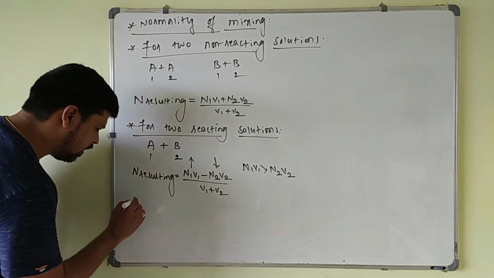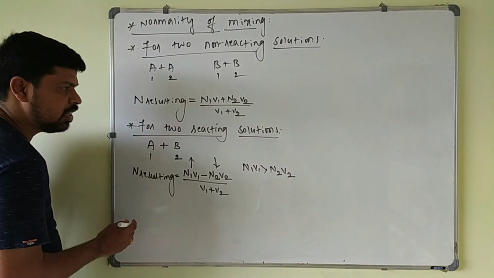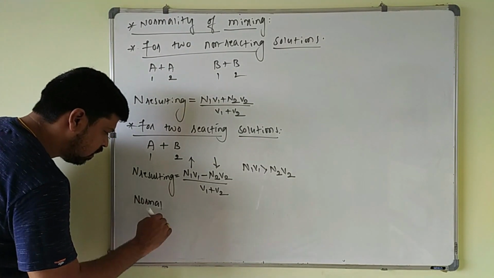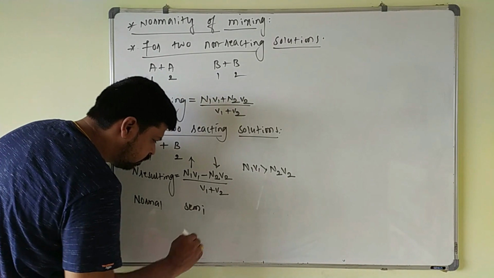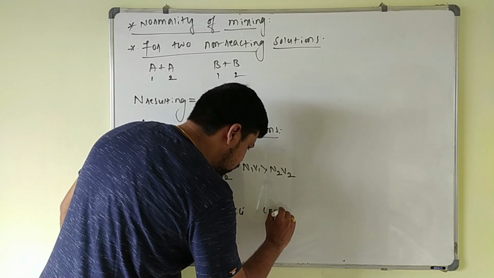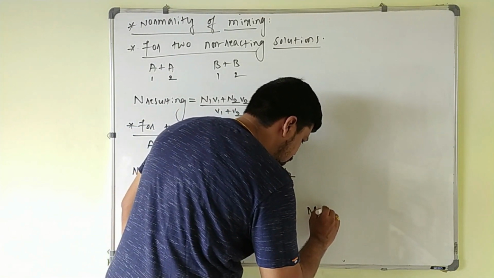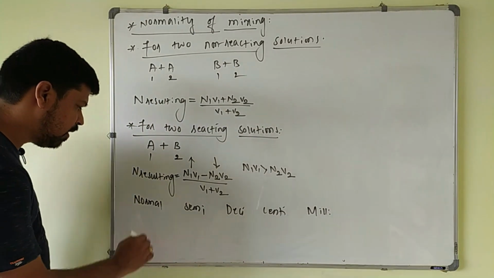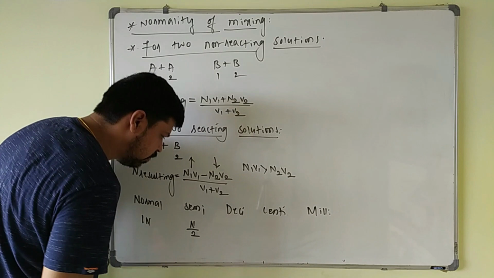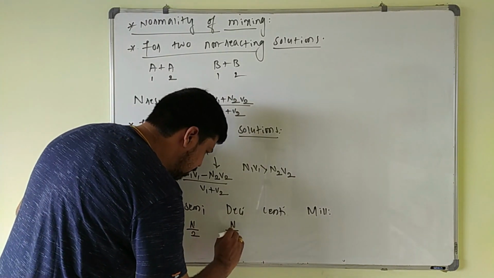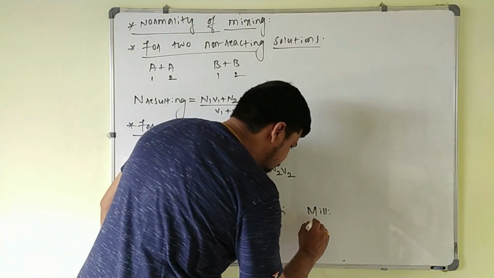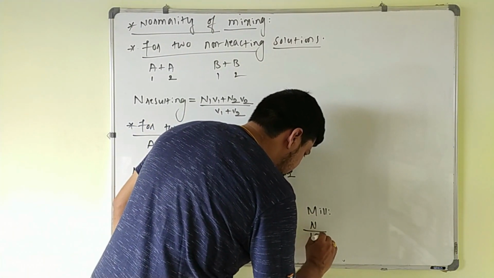Next they will give different concentrations of the normality, that is one normal solution, semi-normal solution, deci-normal solution, next centi-normal solution, next milli-normal solution. One normal is nothing but 1N, semi-normal is normality divided by 2, deci-normal is normality by 10, centi-normal is normality by 100, milli-normal is normality divided by 1000.